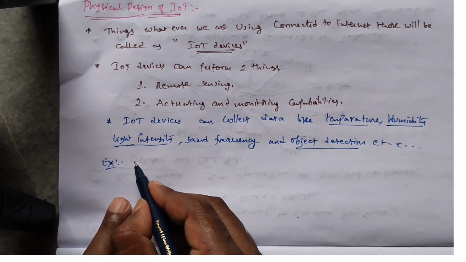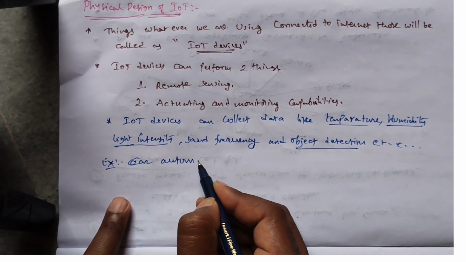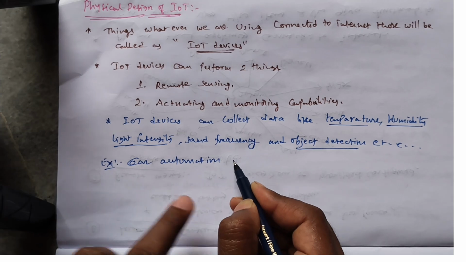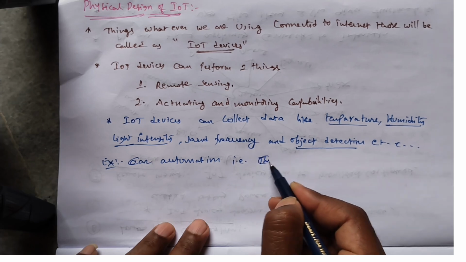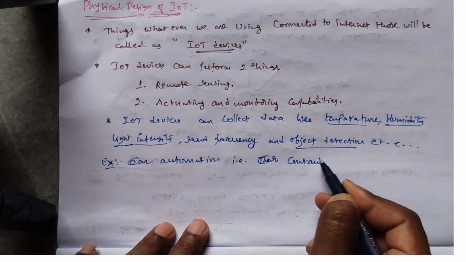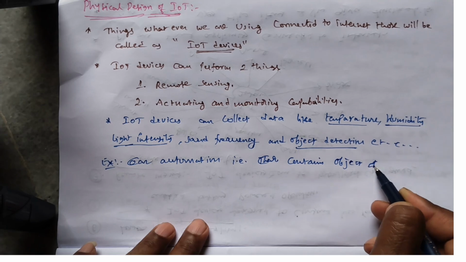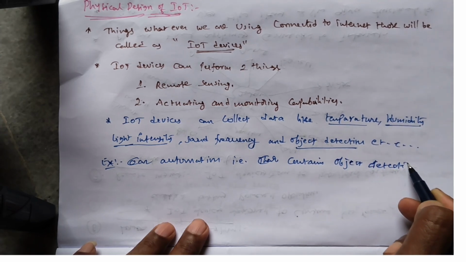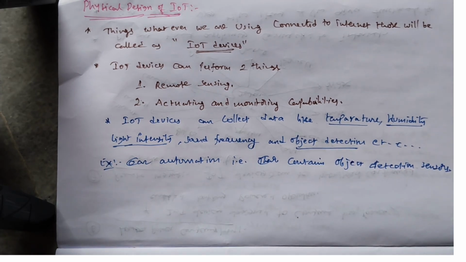Example: car automation means the car contains object detection sensors.